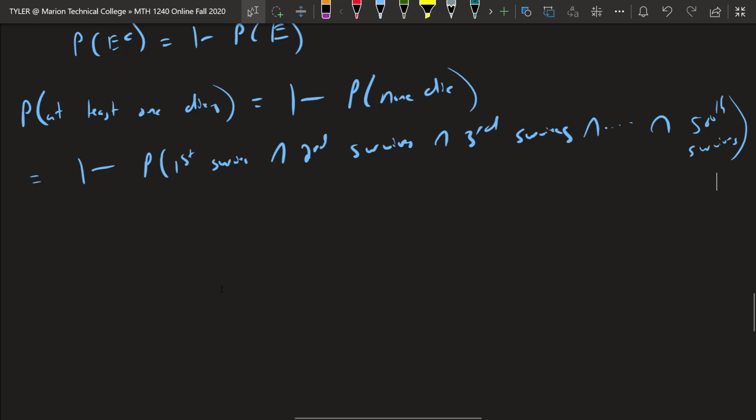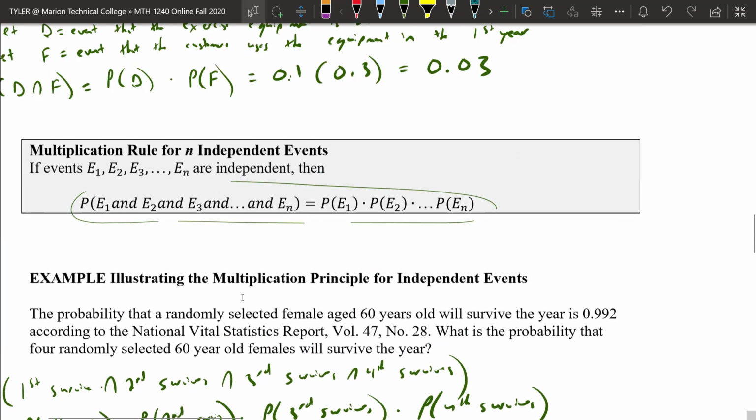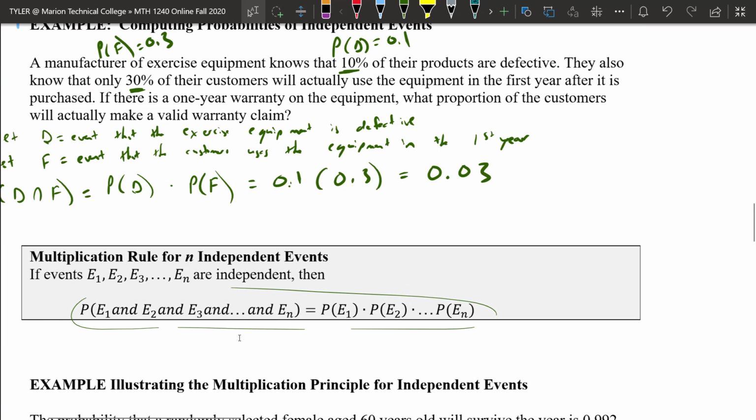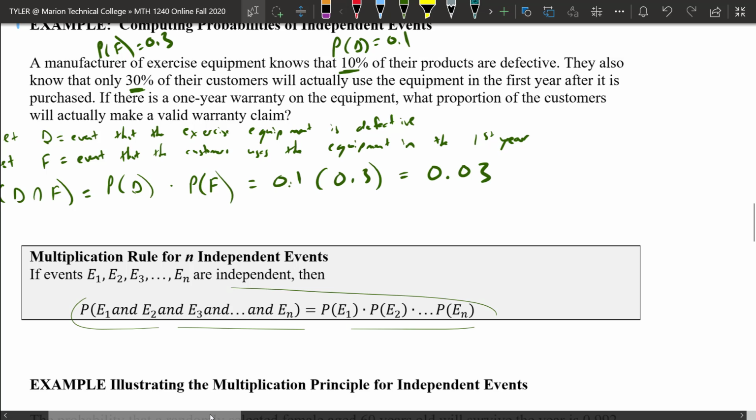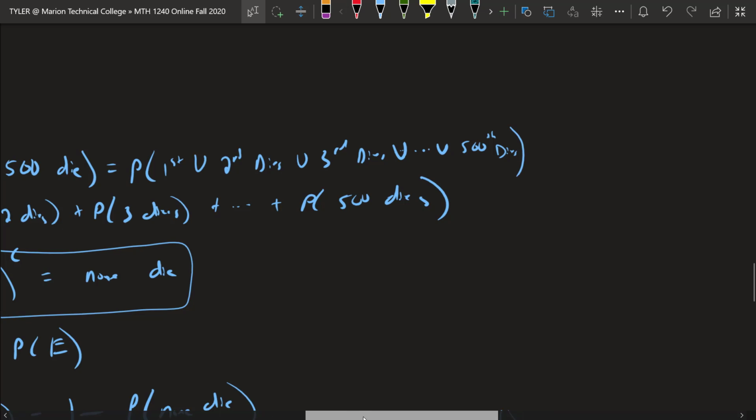Because none dying means that everyone lives, so we're just using that fact. Each of these events, since they're randomly chosen, are independent. So now we're using the multiplication rule for n independent events. In this case I have 500 events, so it's a lot, but we can apply that rule.